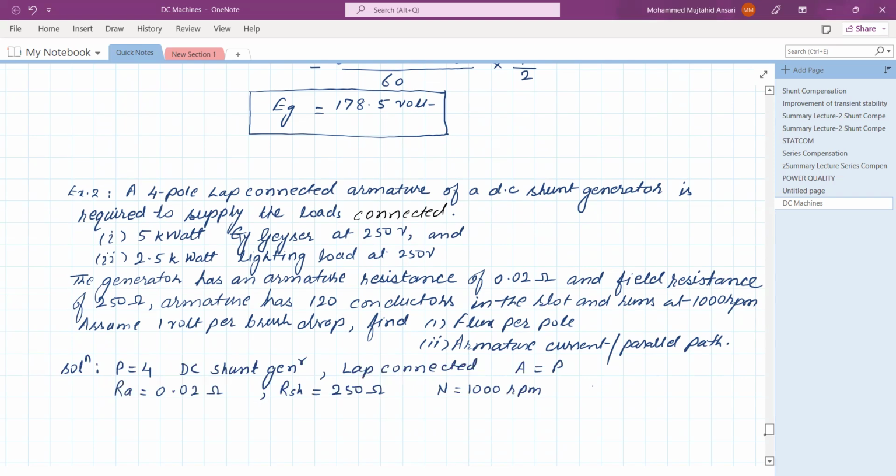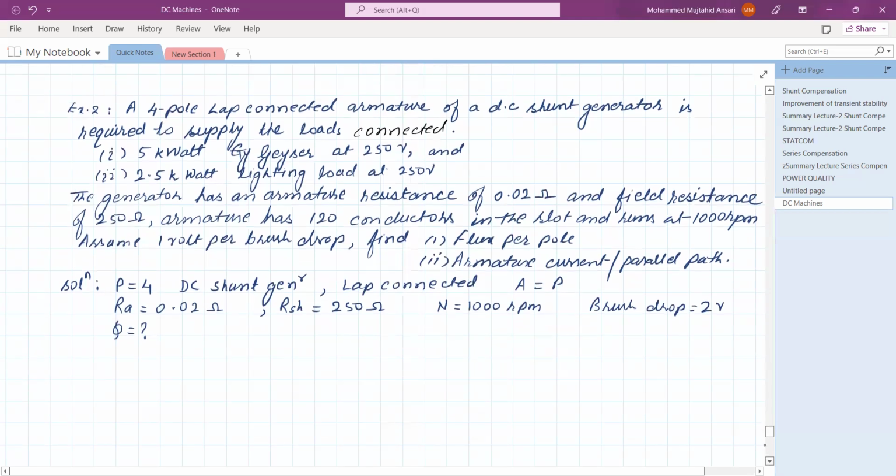There is a brush drop of 2 volt, because it is 1 volt per brush, and we are going to determine the flux per pole and the armature current per parallel path. The armature current per parallel path is the total current divided by the number of parallel paths.